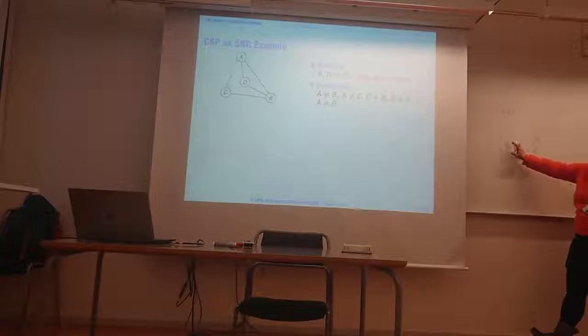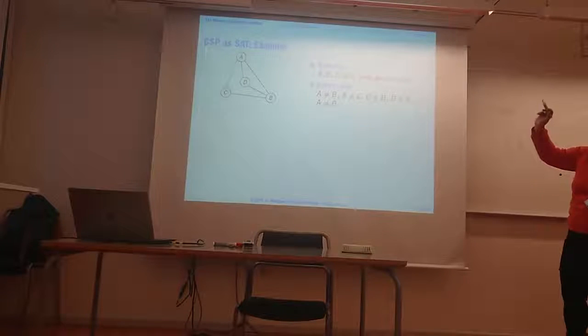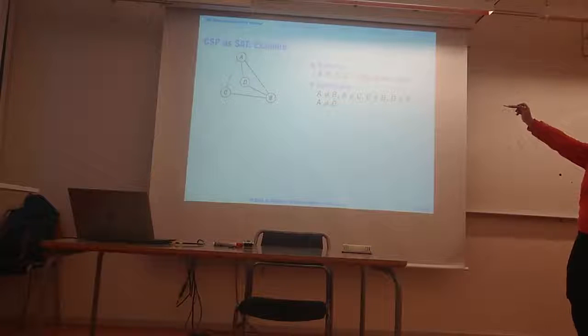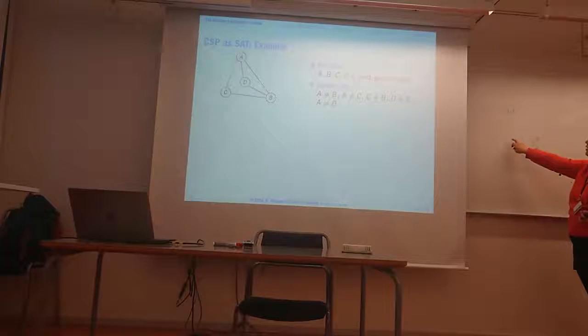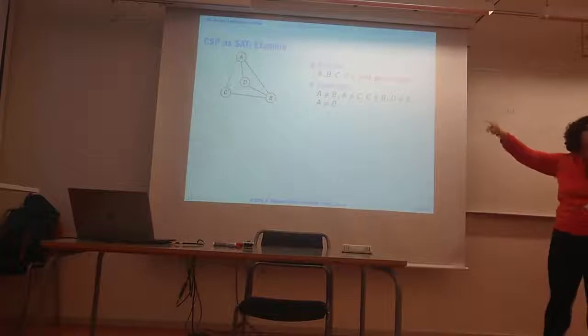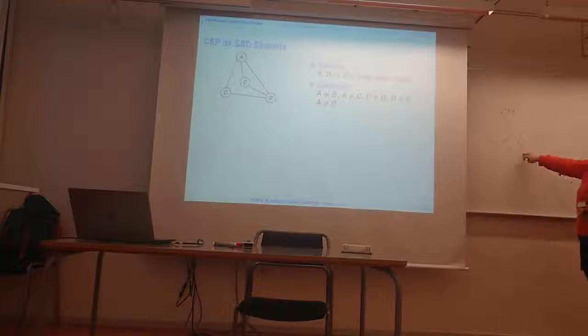If X_AR is true, it means that variable A in the CSP has red as its value. And if X_AG is true, it means that variable A in the CSP has a green color. And it's the same for X_AB, which means that variable A has a blue color.